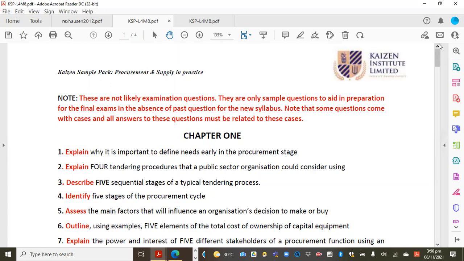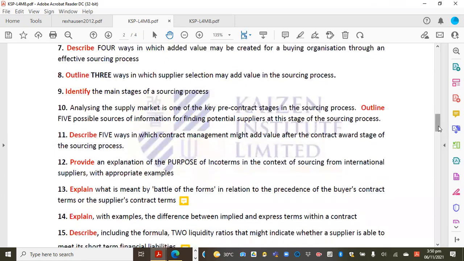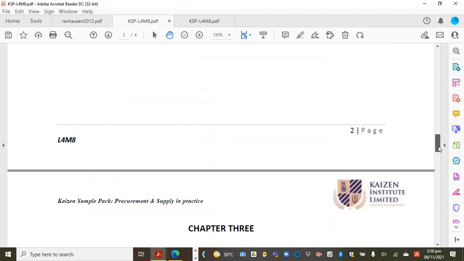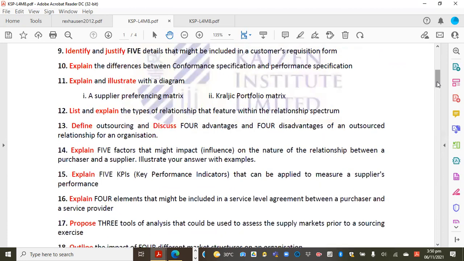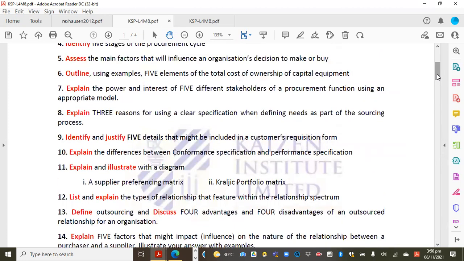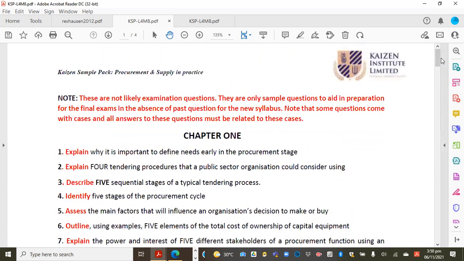I don't think any question will come under ethical and responsible sourcing and you will have no idea. It's not possible. Or whole life asset management, or law and offer and acceptance. It's not possible. For all the chapters, you should have a fair idea.